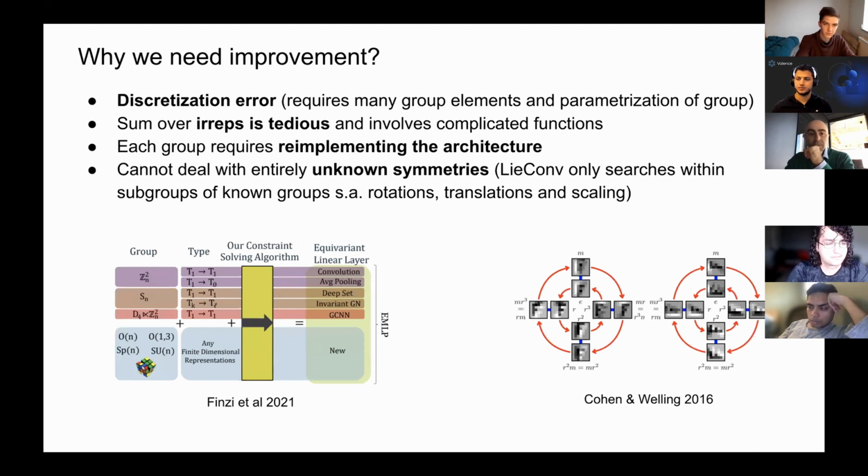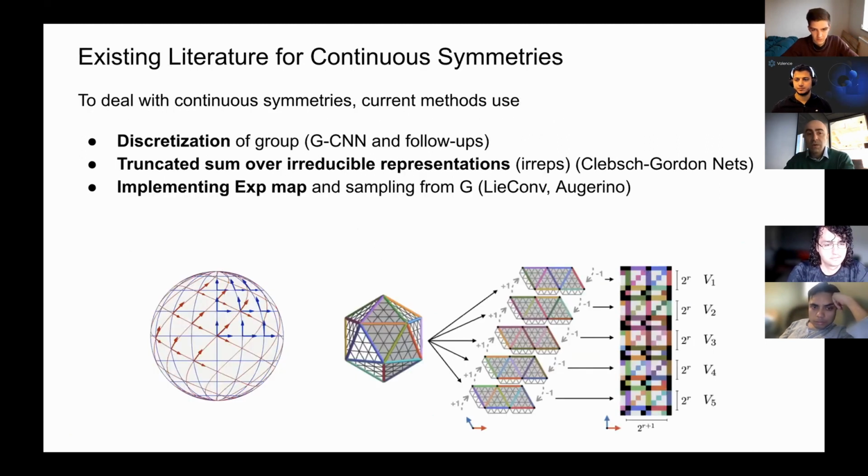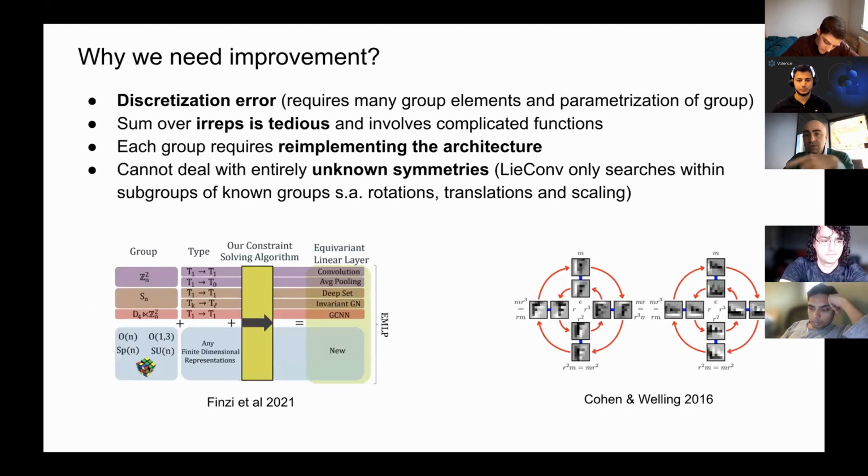So I'm going to skip some of these, and essentially we wanted to tackle problems that you might get when using discretization or these other methods. When you discretize a group, you have an error, because you need a lot of samples from the group in order to reduce your error from discretization. With the second method that I didn't describe much, you need to actually know the functions that are the irreducible representations of the group, which also means that you need to know exactly what group you're dealing with.